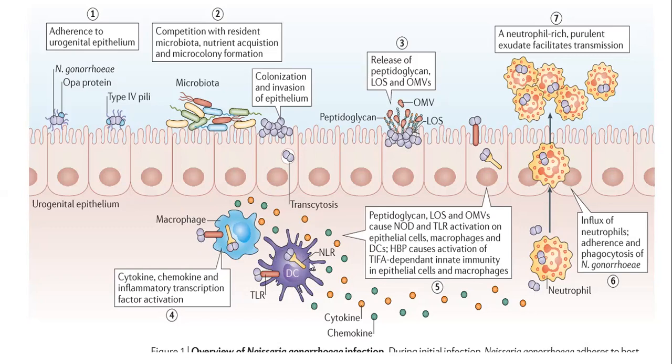Gonococcus can make phagocytosis incomplete. Phagocytosis occurs, and phagocytes start to produce cytokines, which are factors of inflammation.